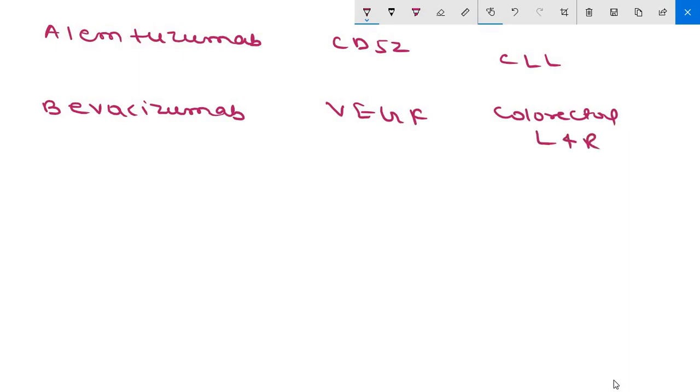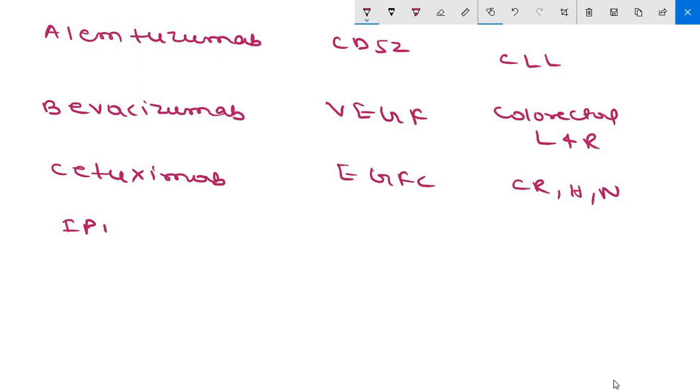The next one is cetuximab. It targets epidermal growth factor receptor and is also for colorectal and head and neck cancer. The next one is ipilimumab. It targets CTLA4 and is for metastatic melanoma.